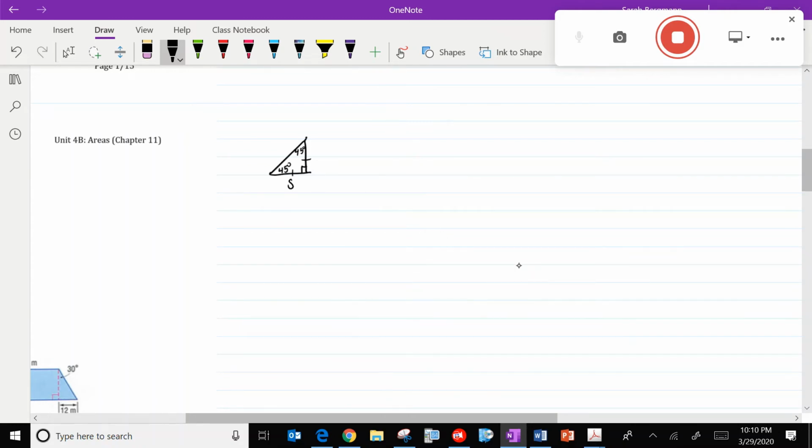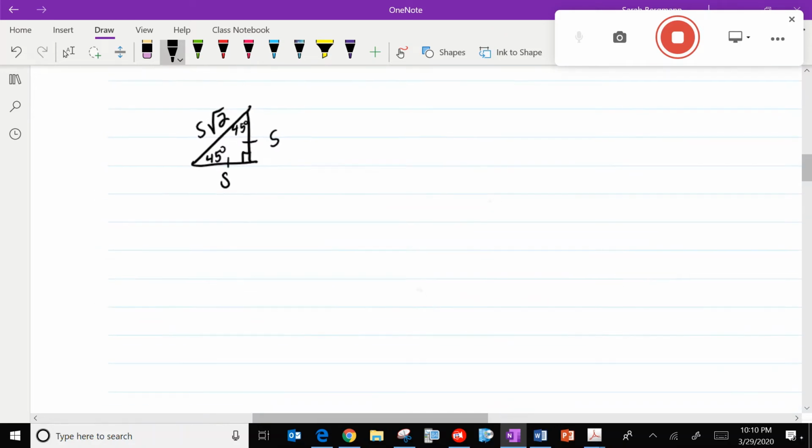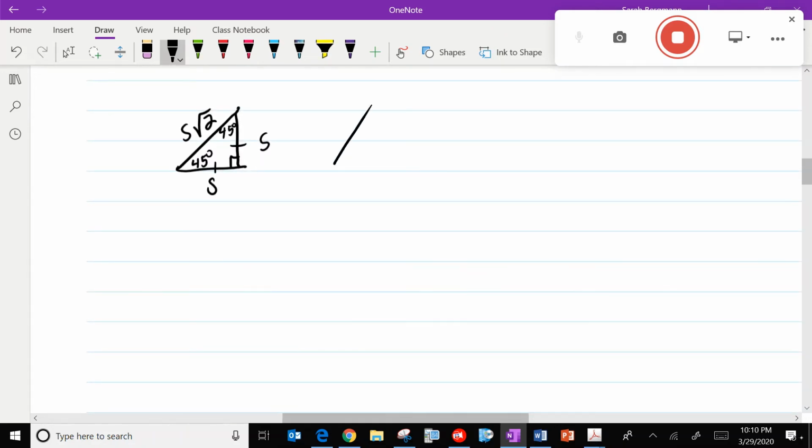And we use S radical 2 for these sides. And then we have our 30, 60, 90 triangle. And these sides are S, the hypotenuse is 2S, and the side across from the 60-degree angle is S radical 3.